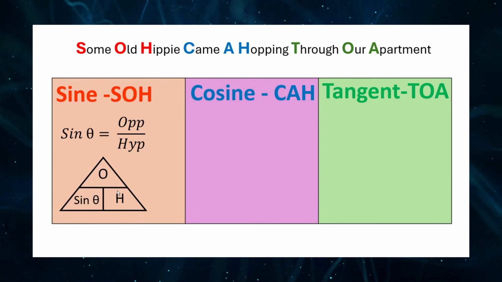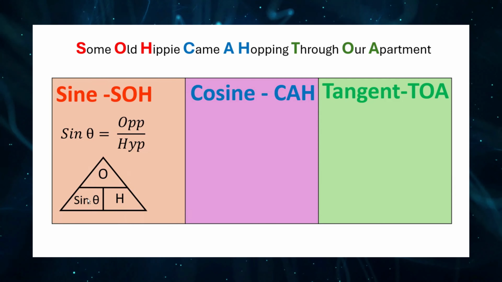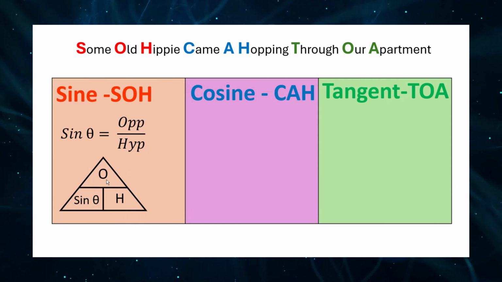So opposite divided by hypotenuse gives me my angle, and the opposite divided by the angle will give me the hypotenuse. Many of us know how to use these triangles already because we've used them in things like finding speed, distance, and time, and so we know how to manipulate these triangles. So another beautiful way to concise information that helps us to remember it.